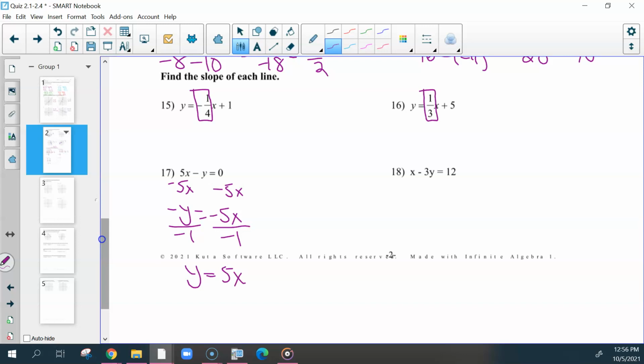Once it's back in slope-intercept form, now you can see what your slope is. So it was 5, but we can't assume that, because if I did it the other way, we still would have got 5.